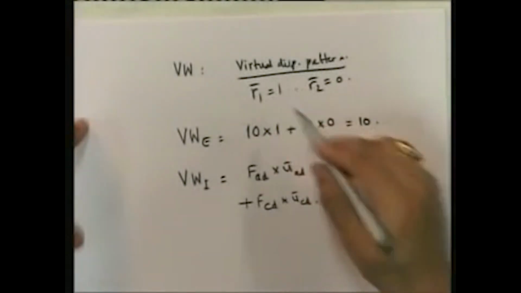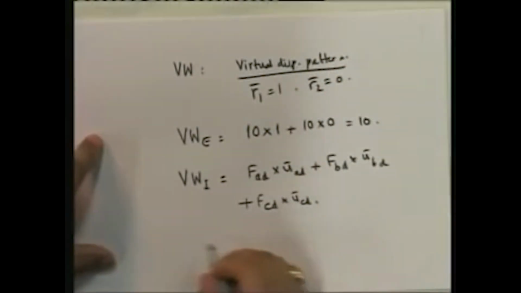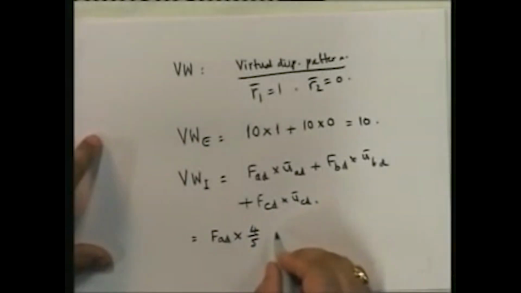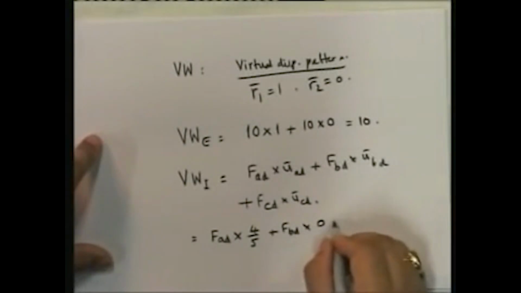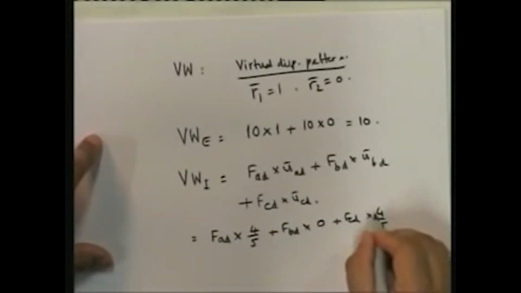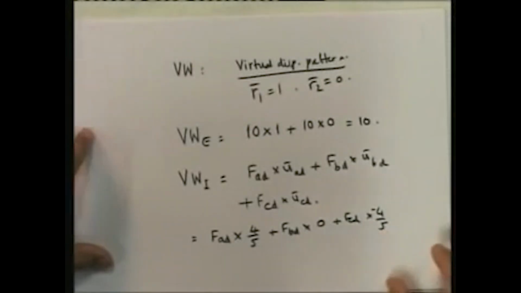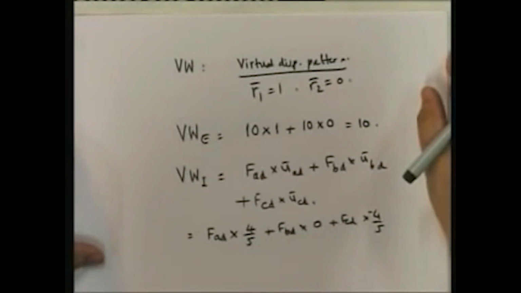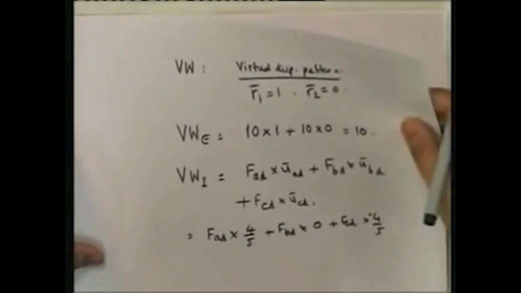And how are these related to R1? Well, I already have the influence coefficients. So this is going to give me FAD into plus 4 by 5 plus FBD into 0 plus FCD into minus 4 by 5.